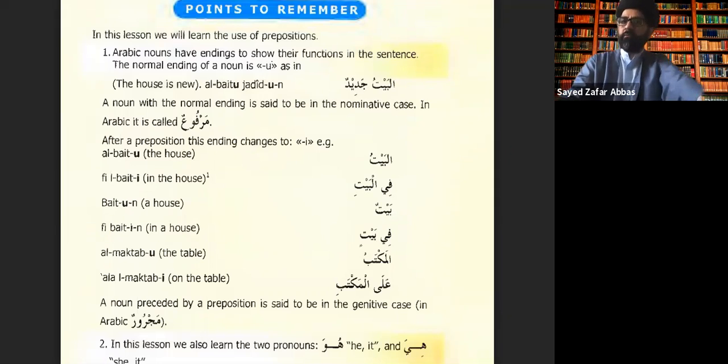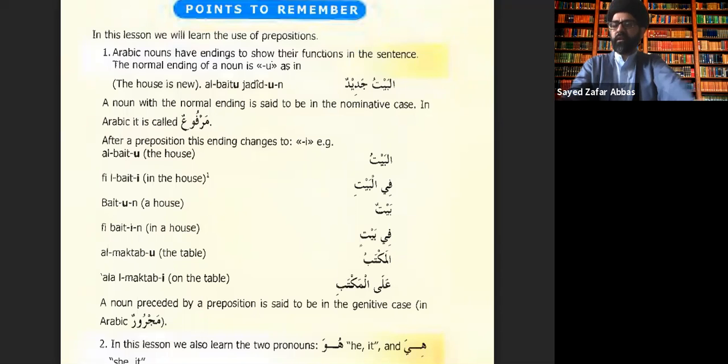Okay, so Arabic language, the normal nouns, in a normal case, would have the ending of the dhamma. So al-baytu jadidun, the house is new, right? Normal ending is called the nominative case. In Arabic it's called marfu', and the alamat is of dhamma. After a preposition, this changes to kasra.